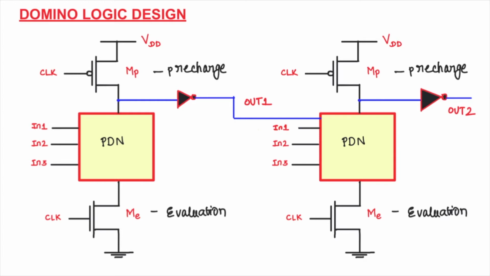Domino logic is nothing but a dynamic-static pair together. With this logic, a single clock is enough to pre-charge and evaluate the cascaded dynamic gates.